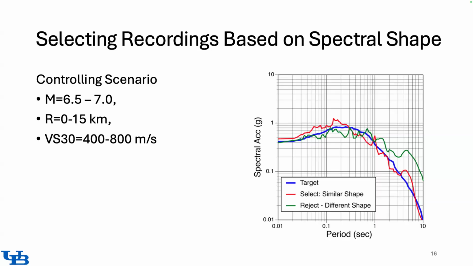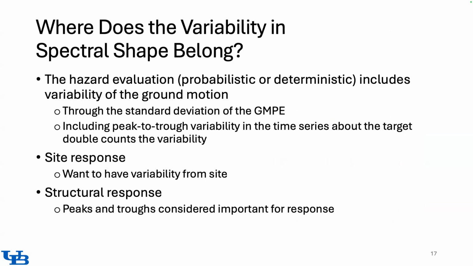One thing to keep in mind is that this target spectrum was developed for the median ground motions. So the variability in the median is already represented in the spectrum itself, but the variability from each component to the median is not. So that's something that would be accurate to be part of the selection.